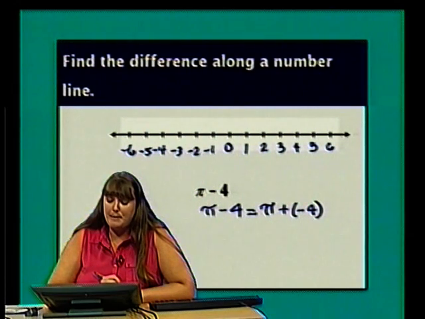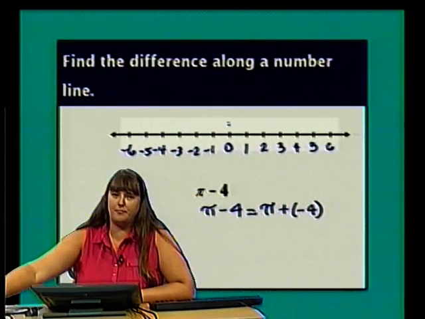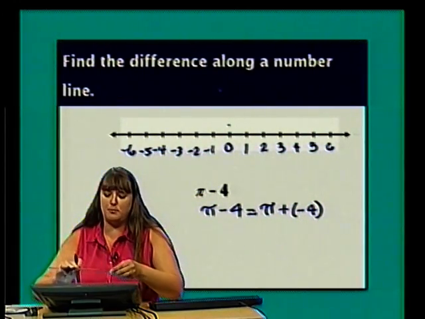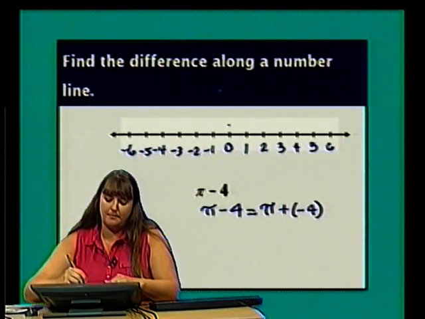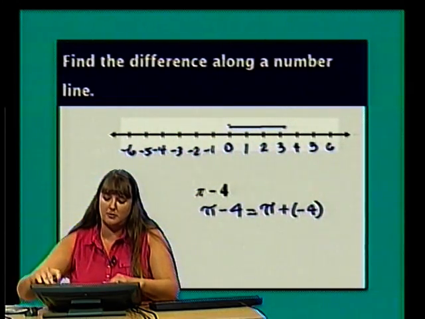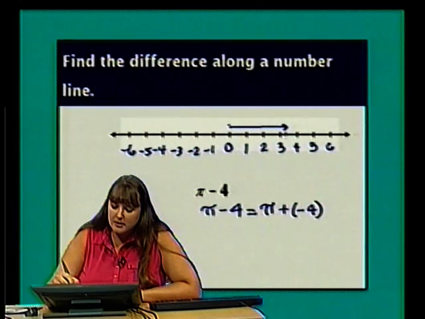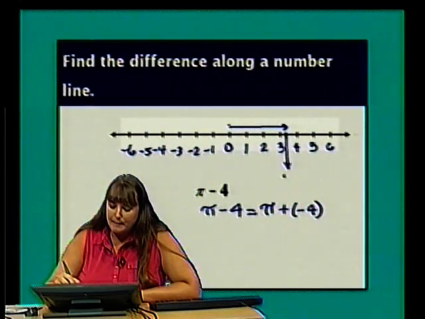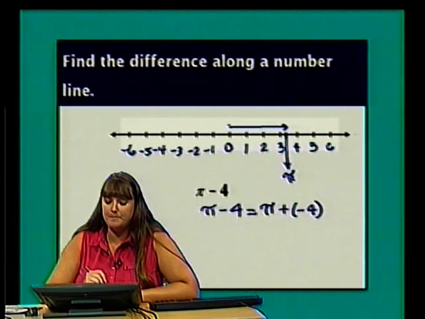So I want to move pi units to the right, remembering that we always start a new sum at 0. So I'm going to start at 0, take out my ruler, and move a little more than 3 units to the right on my number line. So a little more than 3 units to the right. So this is representing pi on my number line, about 3.14.